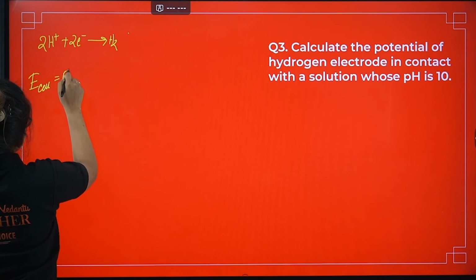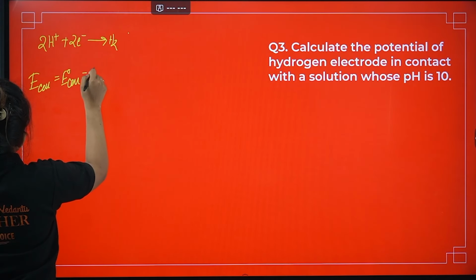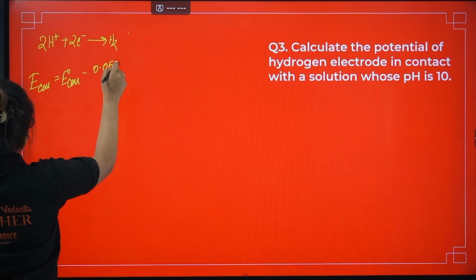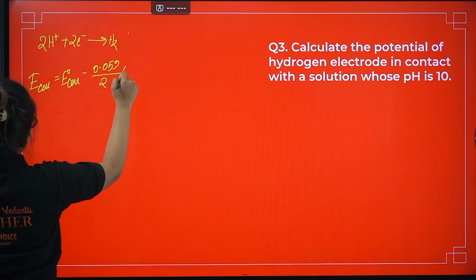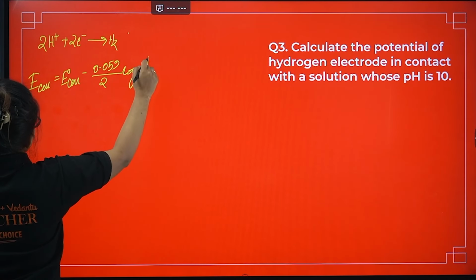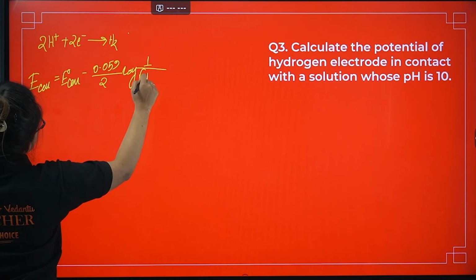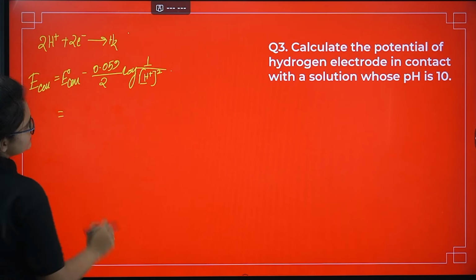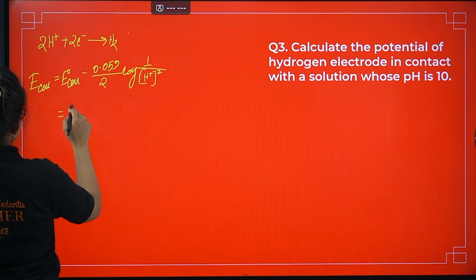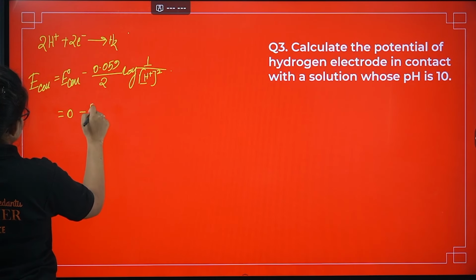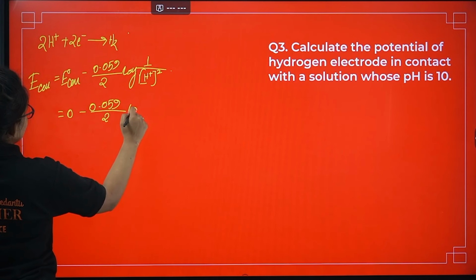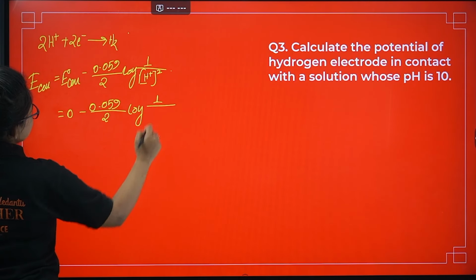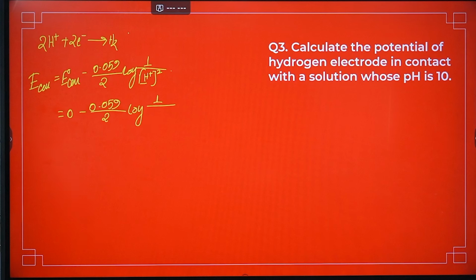E cell equals E naught cell minus 0.059 divided by 2 log 1 by H plus whole square. Now let's put E0 cell for the hydrogen, we know it's 0, minus 0.059 divided by 2 log 1 by concentration of H plus square.